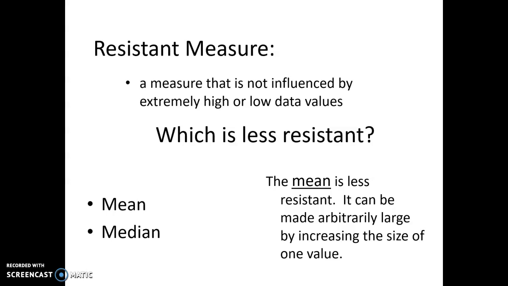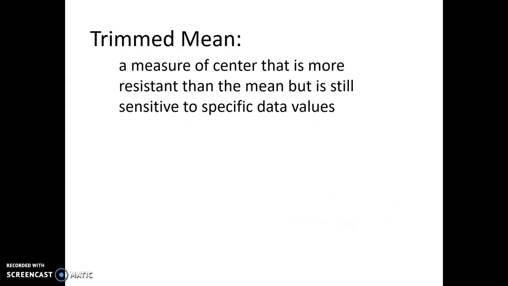Whoever the youngest person is in the class, even if they're 16 years old, that cancels out my age, so that we will get an accurate representation of what the middle age of our classroom is. The mean would be higher because of me.